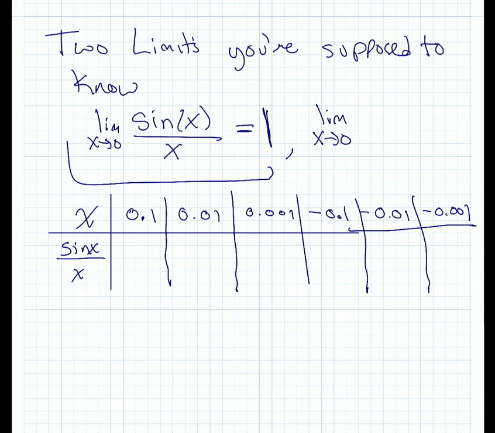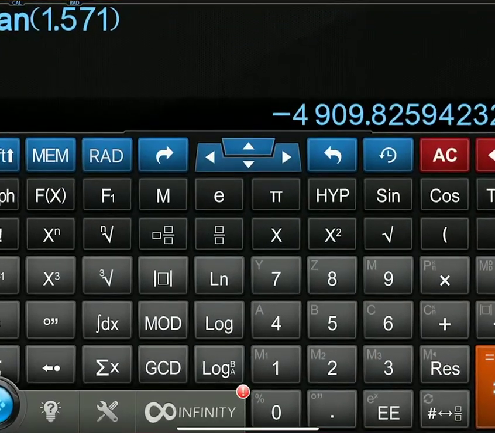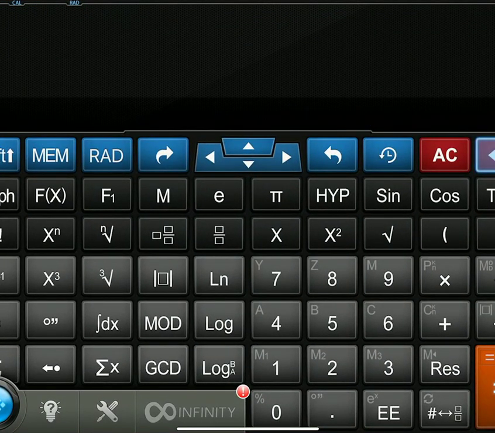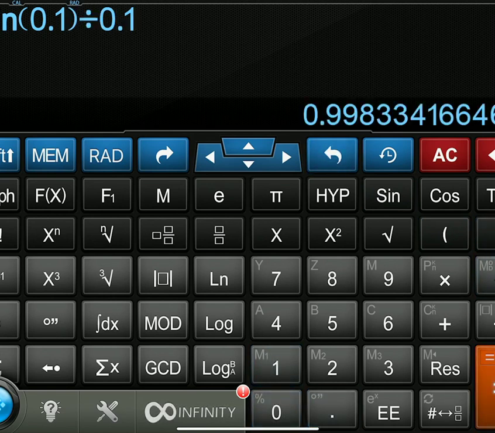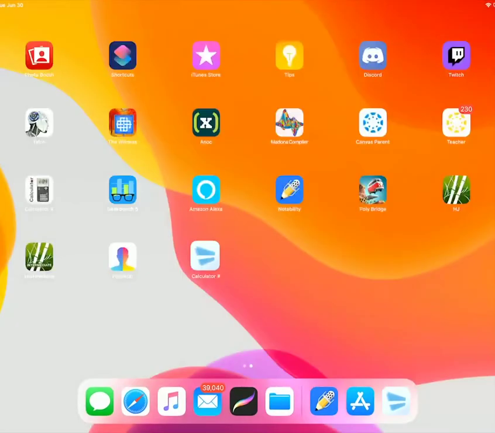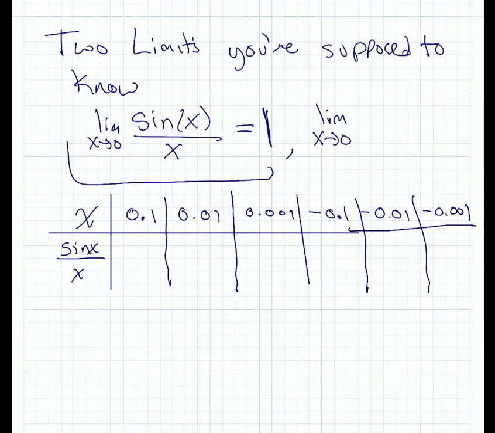Okay, and if you evaluate these, sine x over x and so on, with a calculator. So we got sine 0.1 divided by 0.1. What do we get? 0.998, then 0.9983.